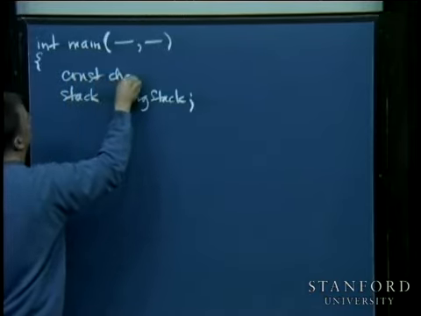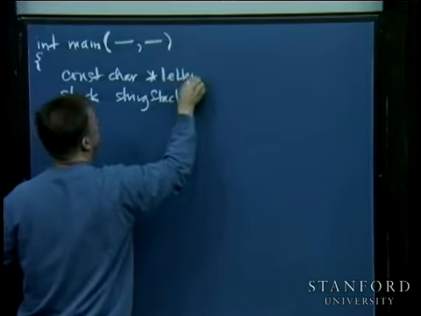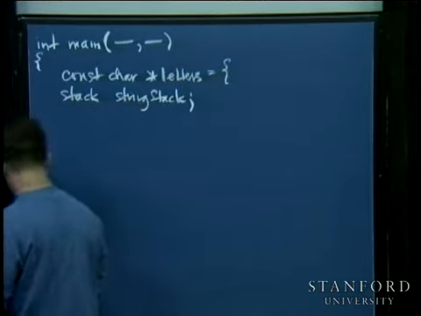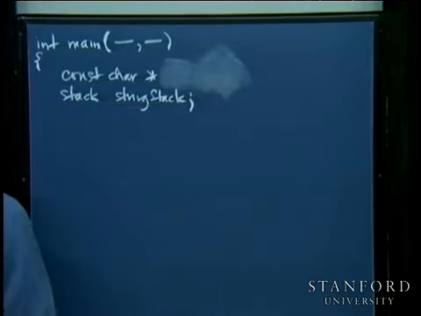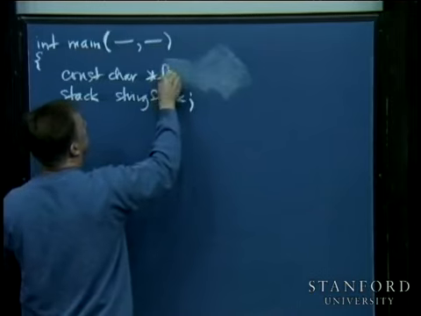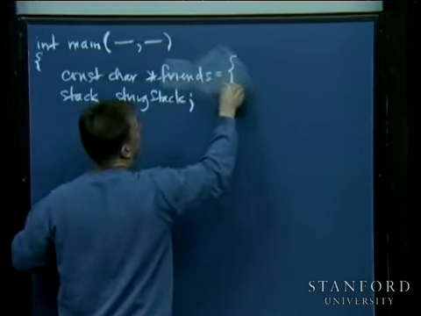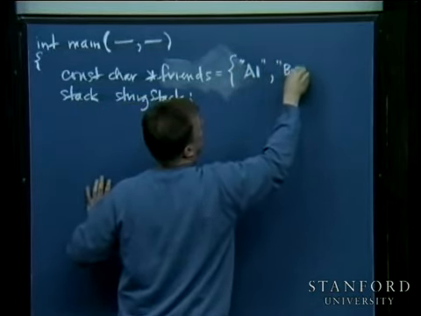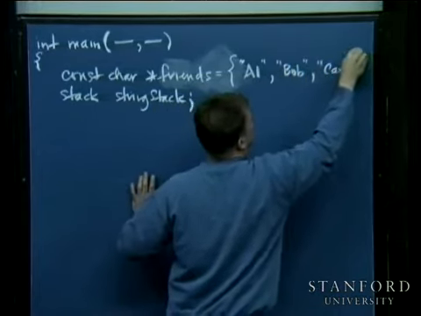Const char star, I'll just say letters. Actually, you know what, let me not call them letters. Let me just say friends. And I'll set it equal to this array: Al, Bob, Carl, and that'll be enough.